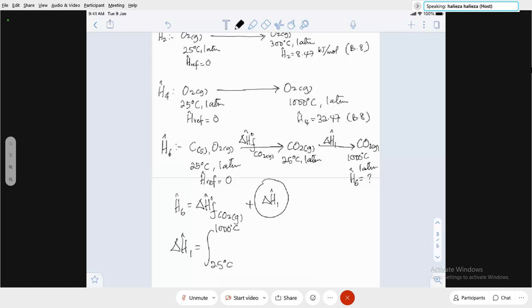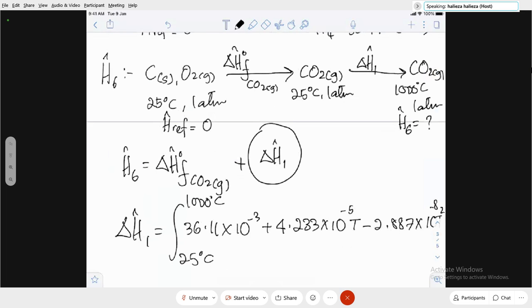So for carbon dioxide, your A is 36.11 times 10 to the power minus 3. Your B is 4. I'm just going to list it down for you guys, but please look it up in the appendix because you have the textbook with you. Minus 8, that's T squared.